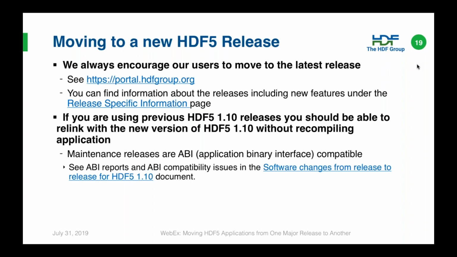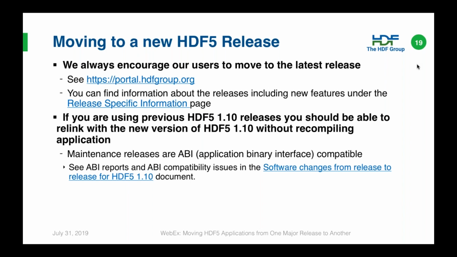Generally, if you're using previous releases of 1.10, and for example, we'll be coming with the 1.10.6 release, 1.10 releases are ABI compatible, and you should be able to just relink your application without recompiling it. As I mentioned, we provide ABI reports on our website and in the software changes from release to release document.